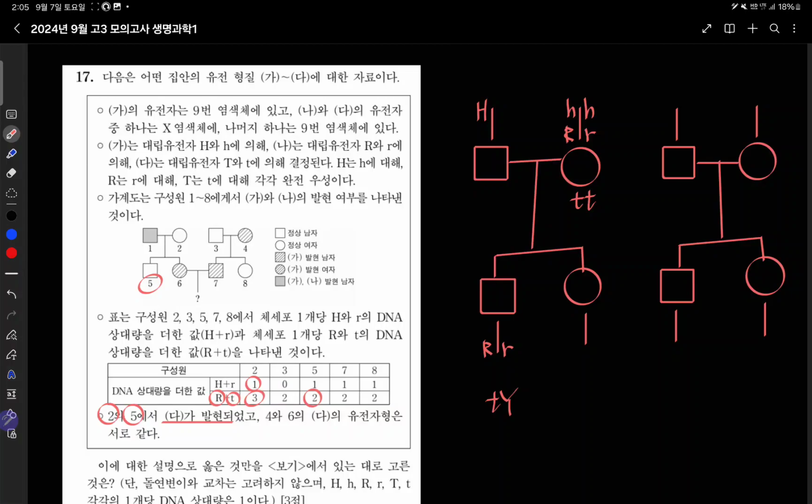And if we look at this number for individual number 5, he has one lowercase r allele, so he should be homozygous recessive for the first trait, and that's why he doesn't have the first trait.